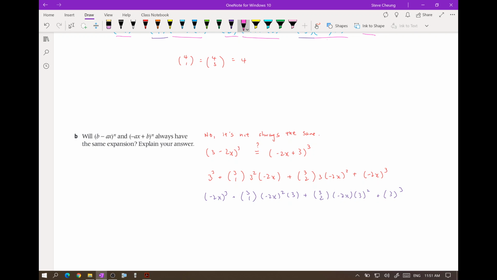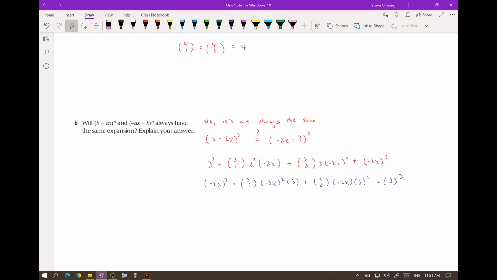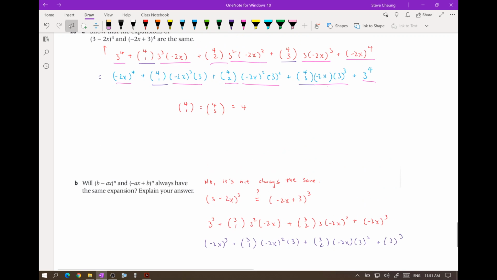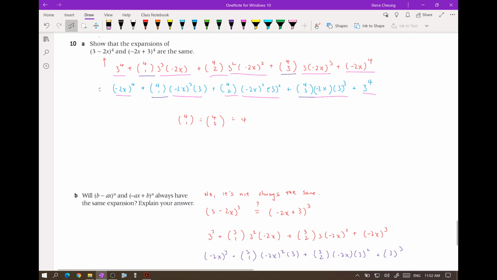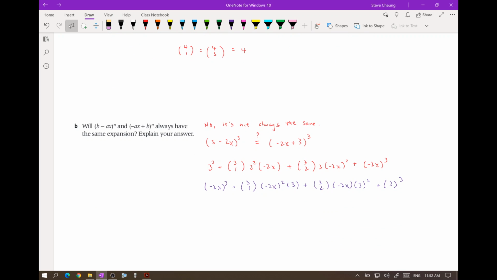okay, so if you take a look at the terms here, they kind of look like they're the same. And they are. Why? They shouldn't be. They should not be the same.